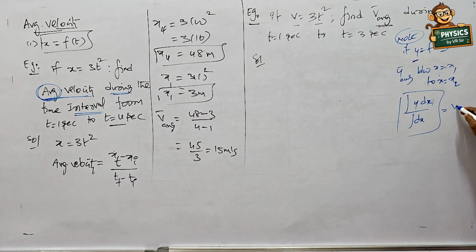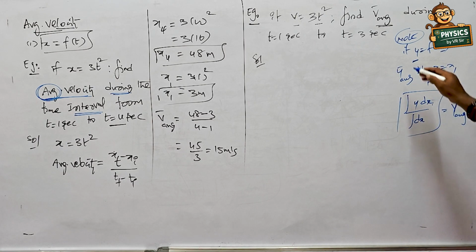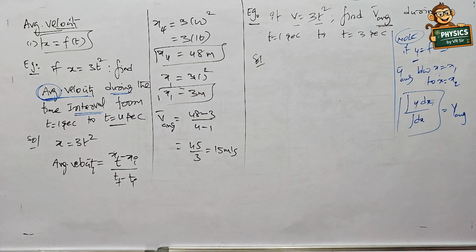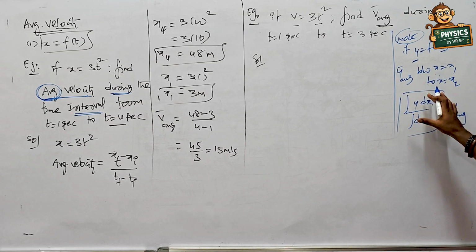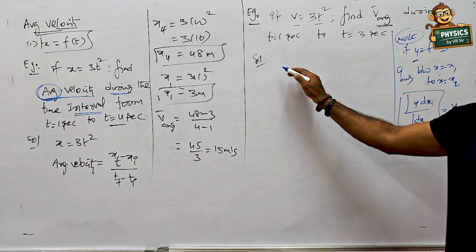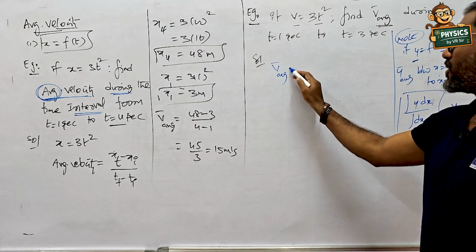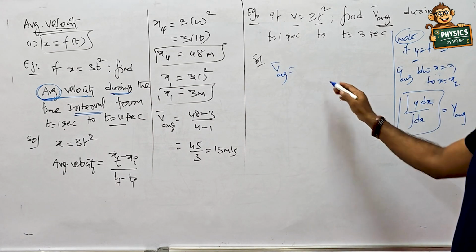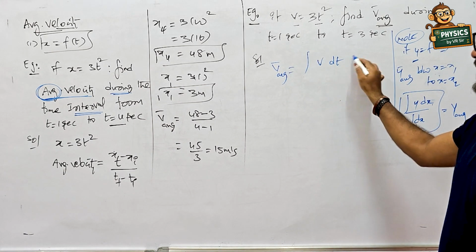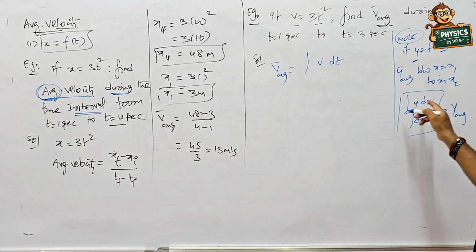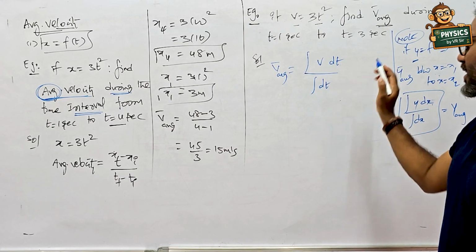This is the average of y. Of course, this is a little bit of mathematical ground we need to discuss. Anyway, now look here. V average, based on this, how do you calculate? Integral of v dt, it is a function of time, upon integral dt.